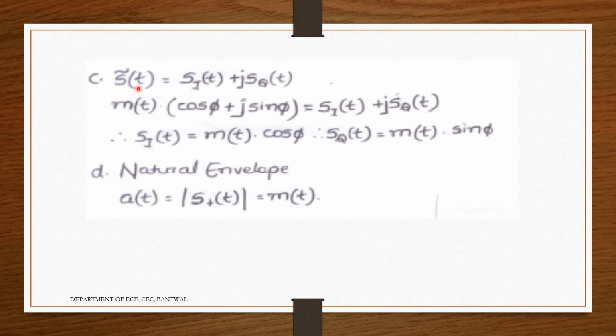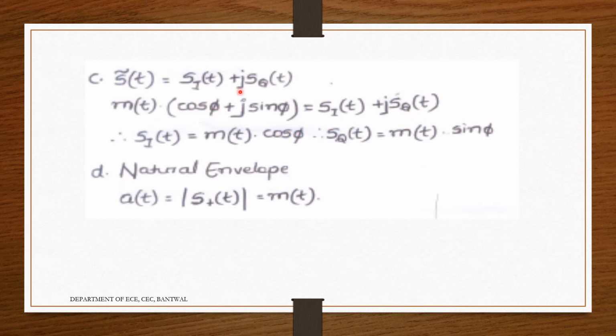Next, the in-phase and the quadrature phase components. s cap of t is si of t plus j sq of t. That is m of t into cos pi plus j sin pi, which is si of t plus j sq of t.